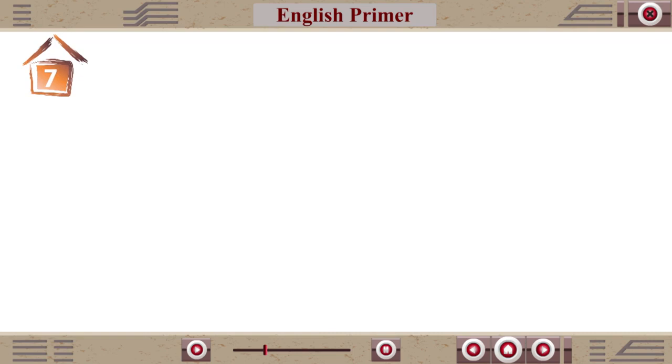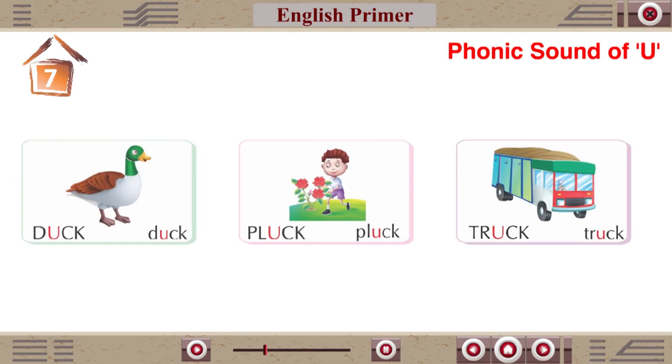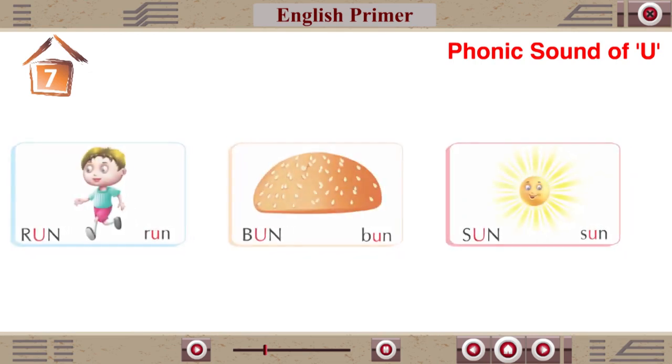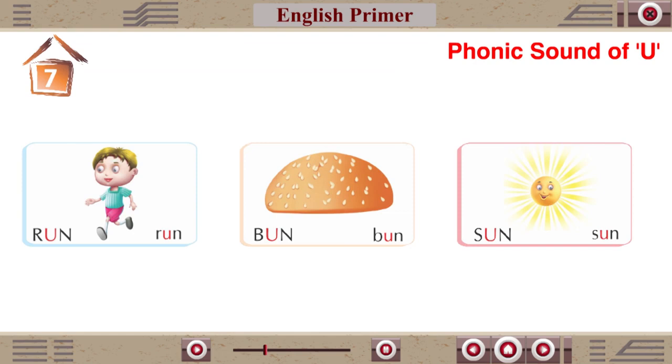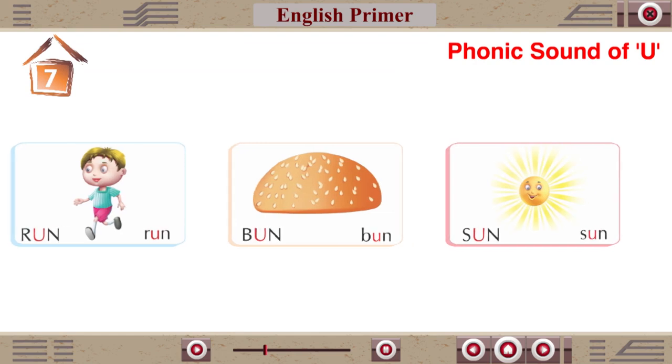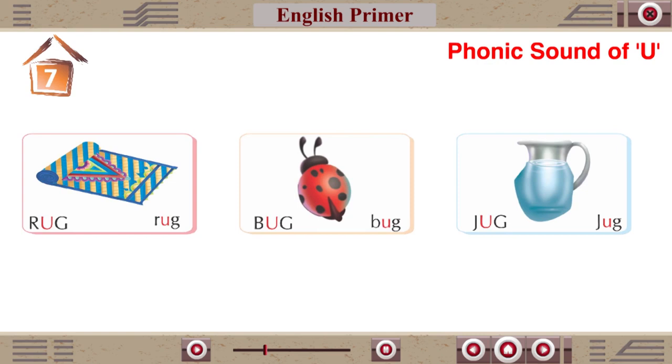Chapter 7. Phonic sound of U. Duck, pluck, truck, run, bun, sun, rug, bug, jug.